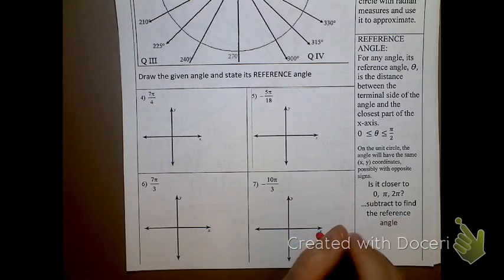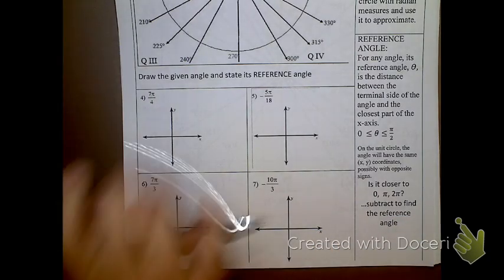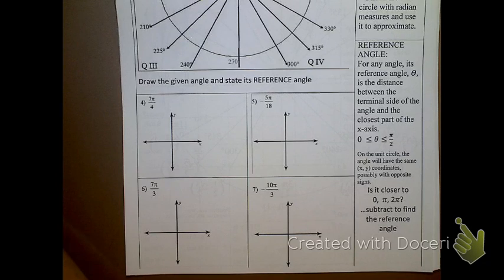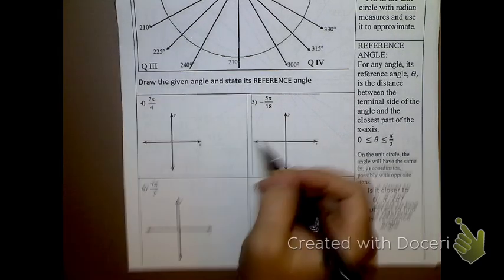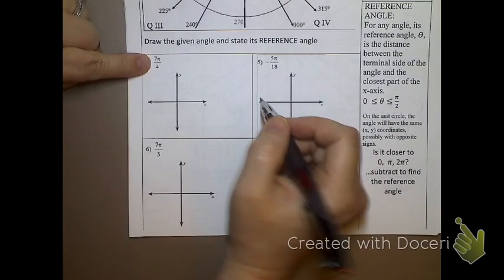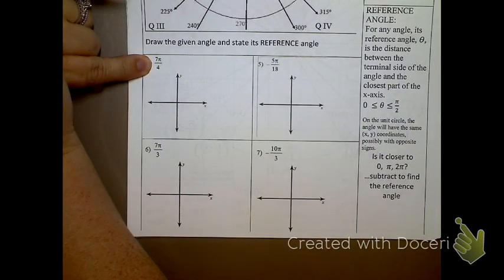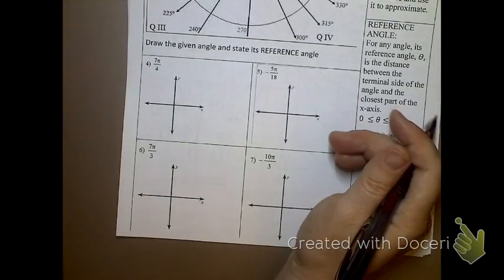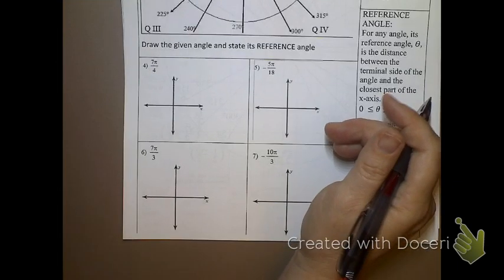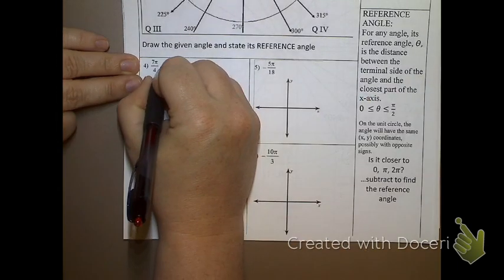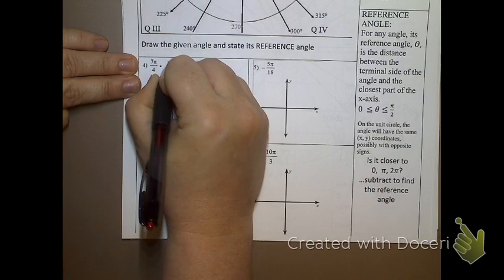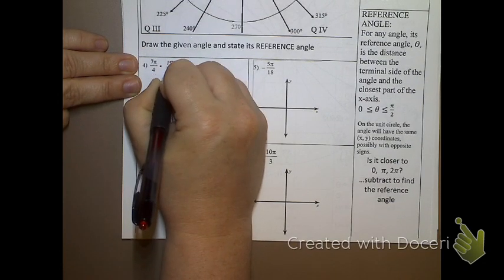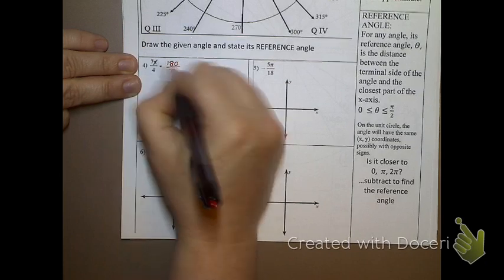Okay. So I'm going to show you, we're going to do number 4 the long way, and then I'll show you the short way. Okay? Now, number 4, here's the long way. 7 pi over 4. I'm going to change it to degrees and solve the problem in degrees because I understand degrees better, right? So how do I change this to degrees? Multiply by 180 over pi. My pi's are going to cancel.